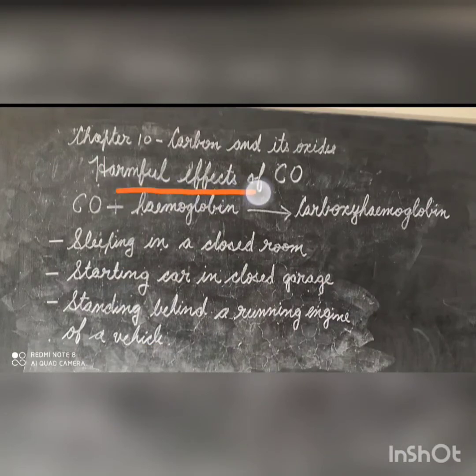Harmful effects of carbon monoxide poisoning. Carbon present in its amorphous forms such as coal, charcoal and coke, which we have studied in the last chapter, is released in the form of carbon monoxide when they are burned in a limited supply of oxygen. When carbon monoxide enters the atmosphere, it spreads undetected as it has no smell and is inhaled by living beings.